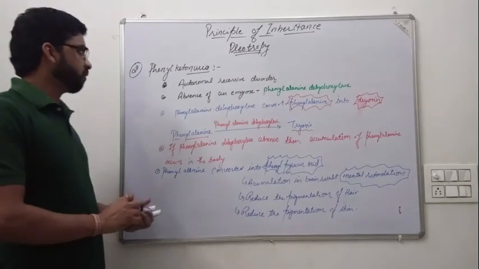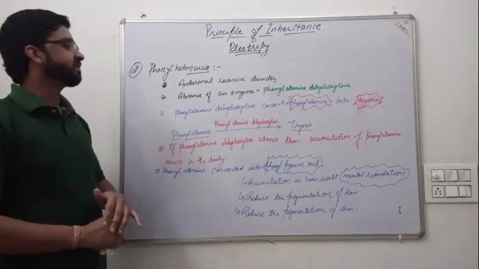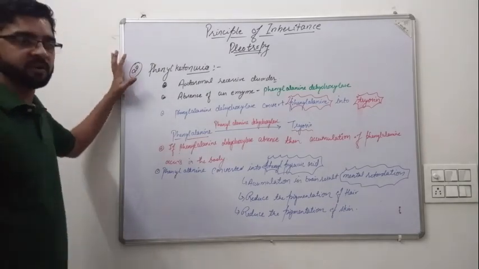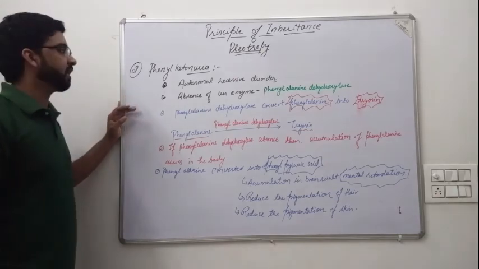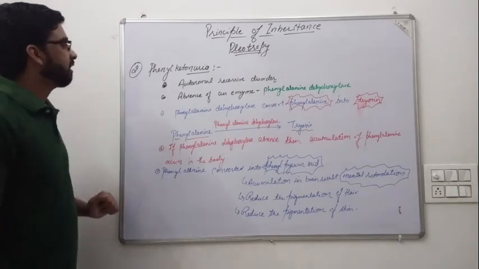The first example we discussed was sickle cell anemia, and the other is phenylketonuria.